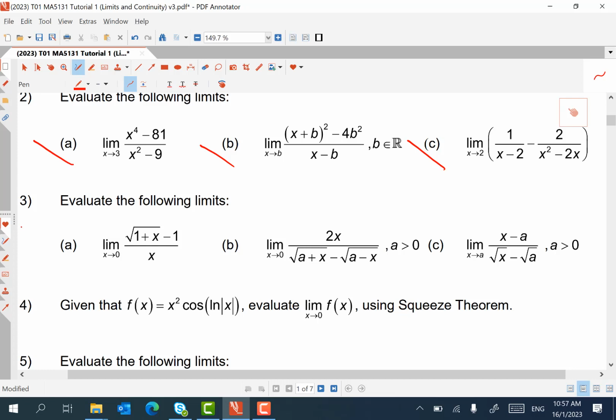Okay, Jingwen, 3A, how do you do 3A? Brilliant, right. Multiply by the conjugate, you just tidy out the arithmetic, it will work, okay? How about 3B, Jingwen? Right, and for 3C, what do you do, Jing? What do you do for 3C? Alternatively, we could have done 3C by factorization.